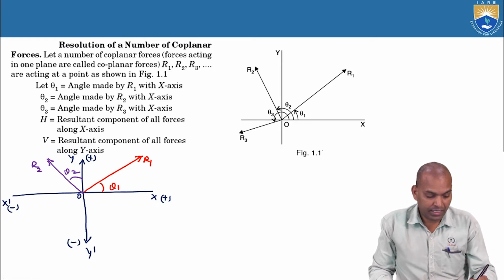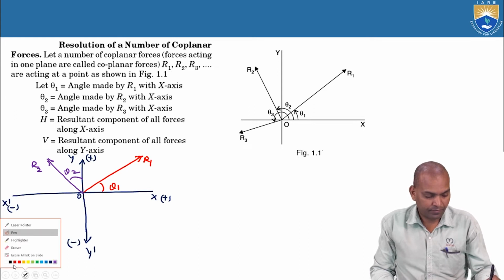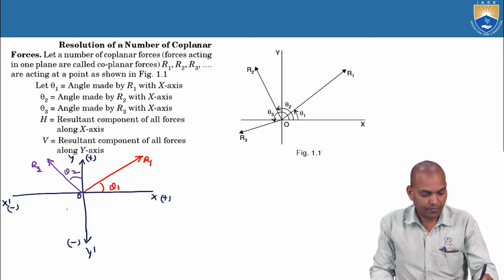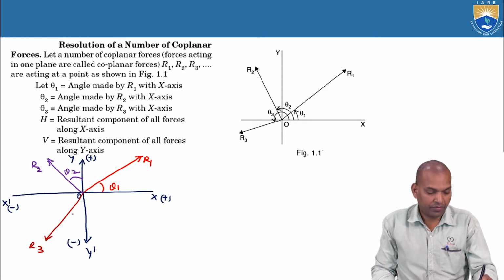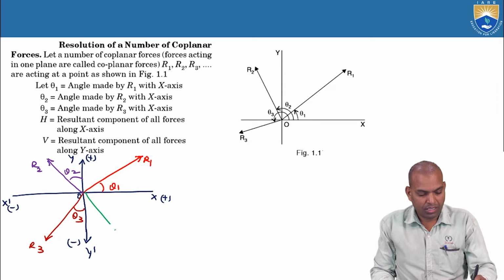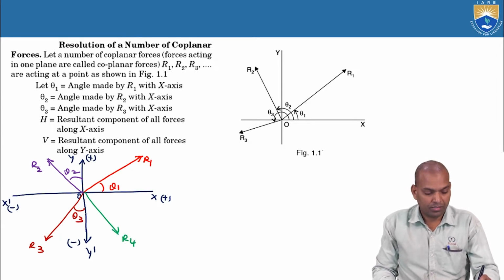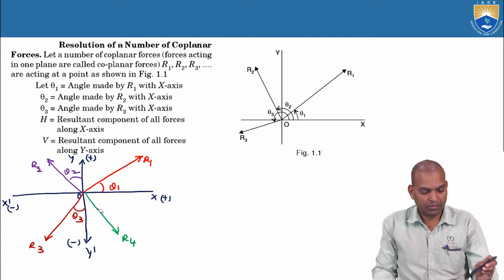The next case study here, we are going to study 4 forces. R3 here, again R3 is making theta 3 with the vertical. Next, one more case, this R4 is making theta 4 with the horizontal.